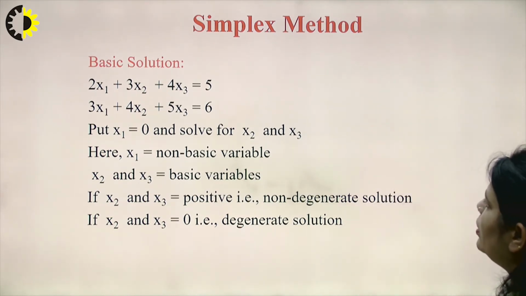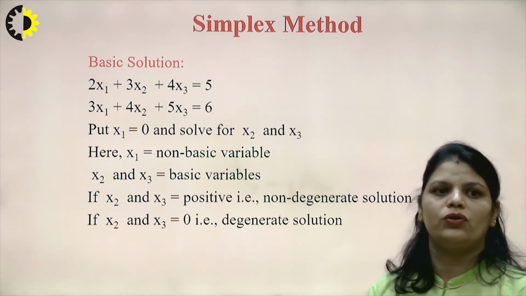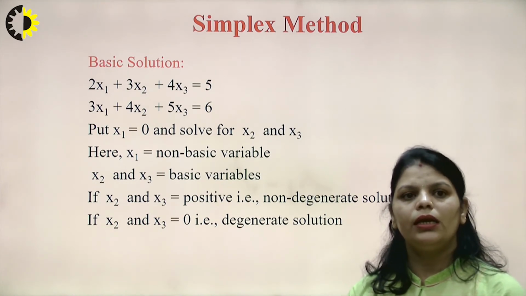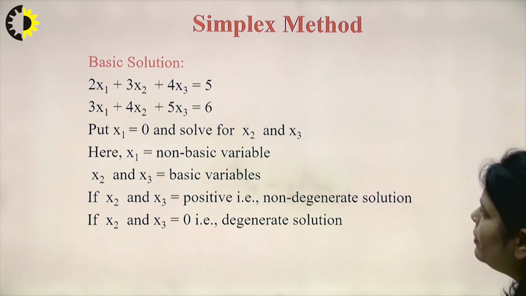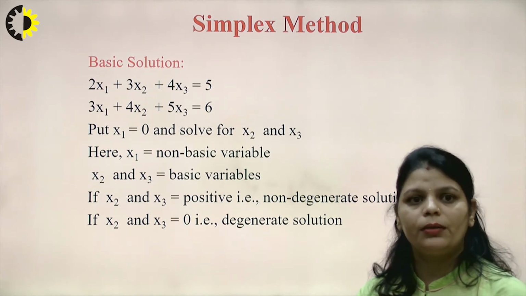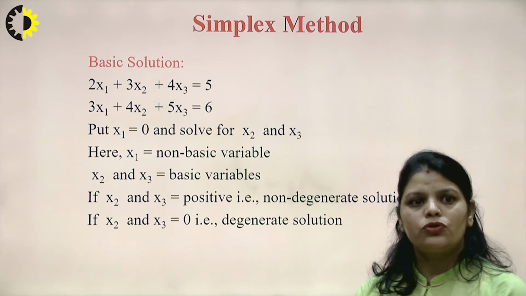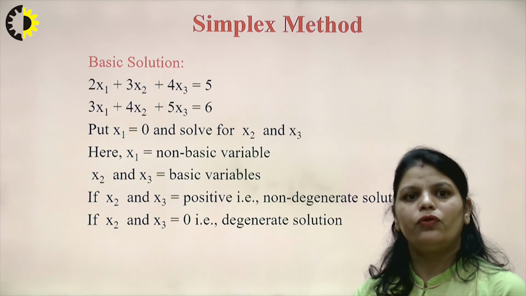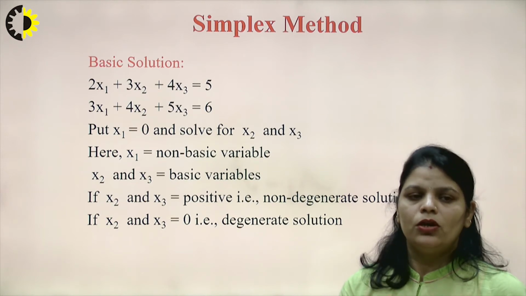Here we are putting x1 equal to 0 and solving these 2 equations for x2 and x3. The variable for which we put the value 0 is known as the non-basic variable. Clear? And x2 and x3, the variables for which we are solving the equations, are known as basic variables.